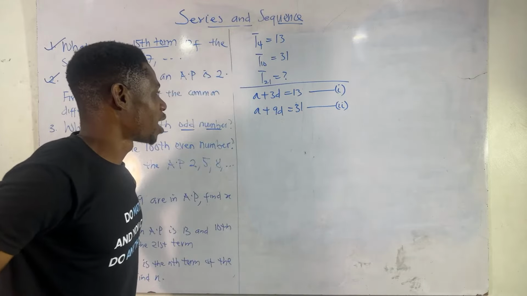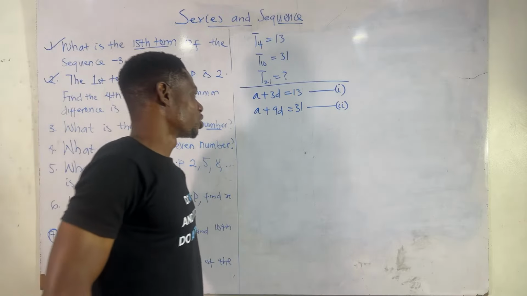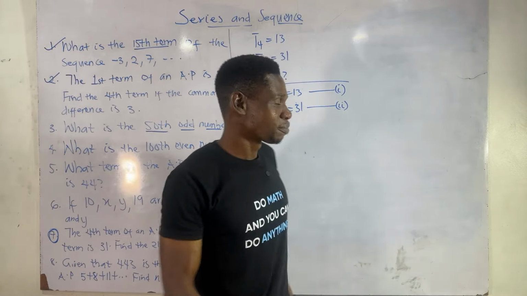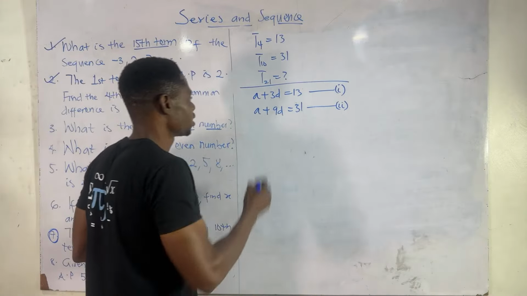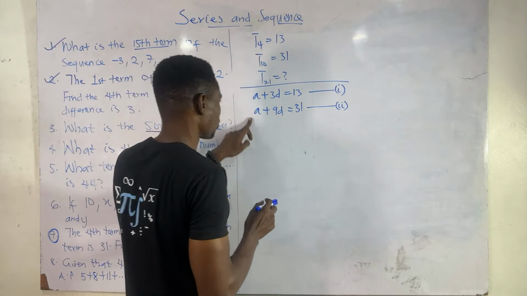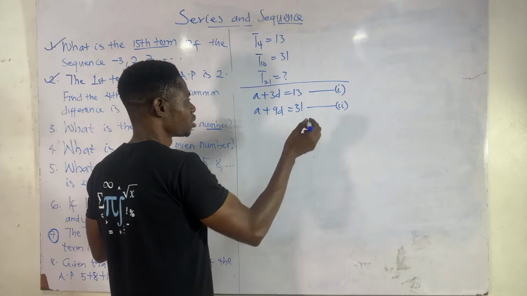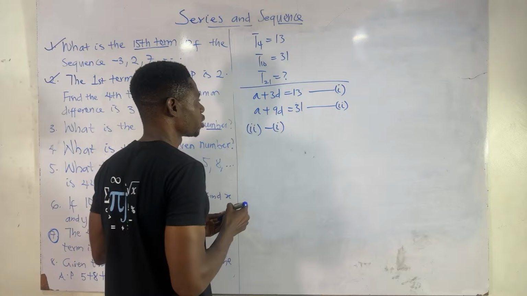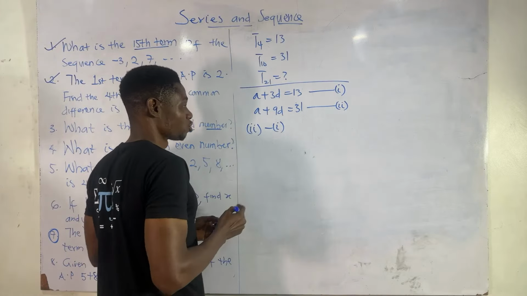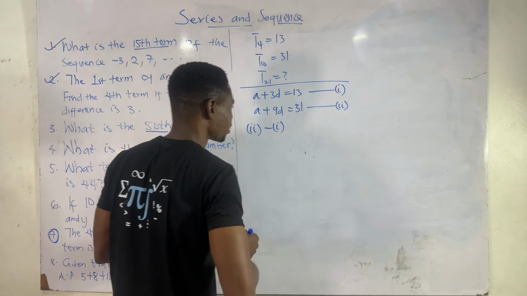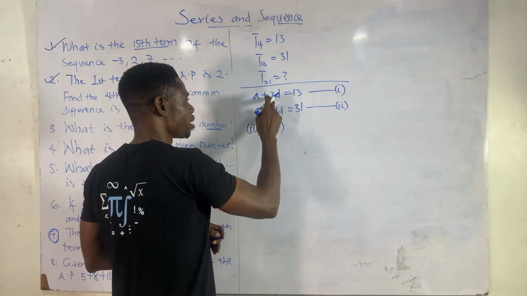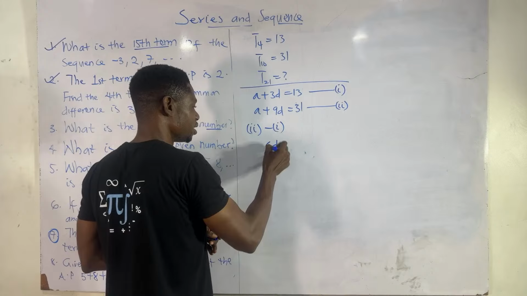Okay, so we now have simultaneous equations. So how do we solve this? Very simple and straight. Since we have A and A, coefficients of 1 and 1, just simply say equation 2 minus equation 1. So the bigger one minus the smaller one. It always works like that in almost all cases.